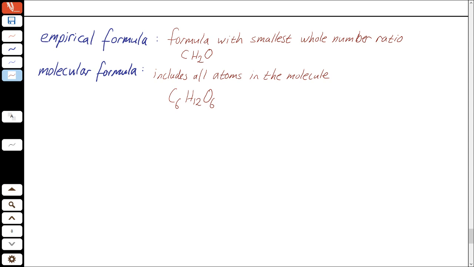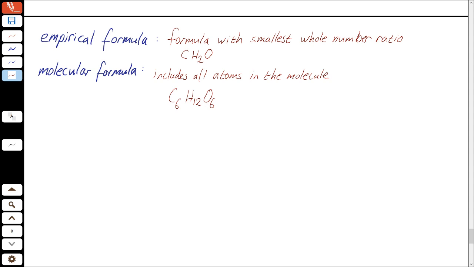But the empirical formula is the reduced whole number ratio of that, which is CH2O. Lots of molecules can have the same empirical formula even if they have different molecular formulas. So you could have formaldehyde, which is also CH2O. You could have C2H4O2. You could have C3H6O3. You get the idea? Different multiples of the empirical formula. So the molecular formula will always be an integral multiple of the empirical formula.